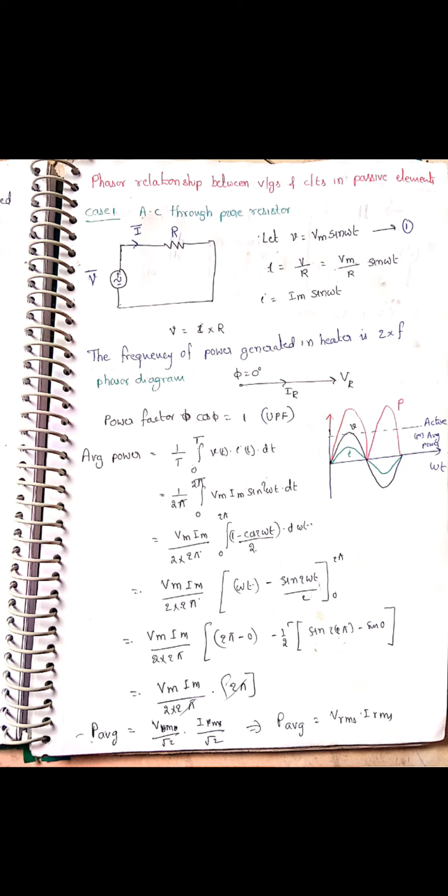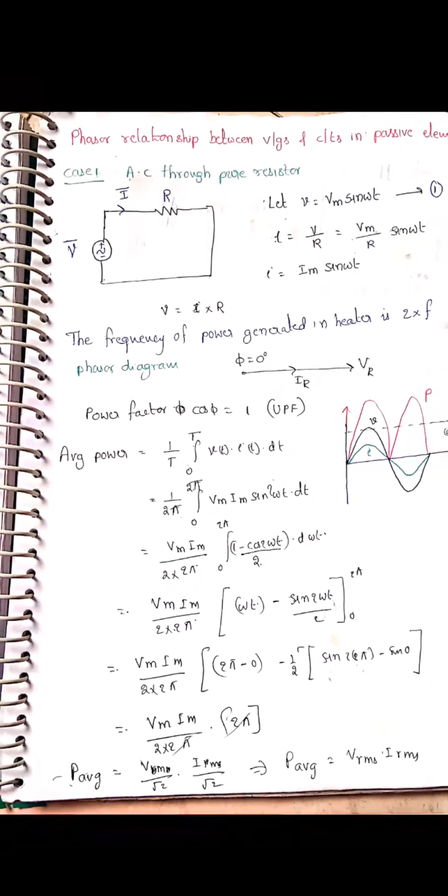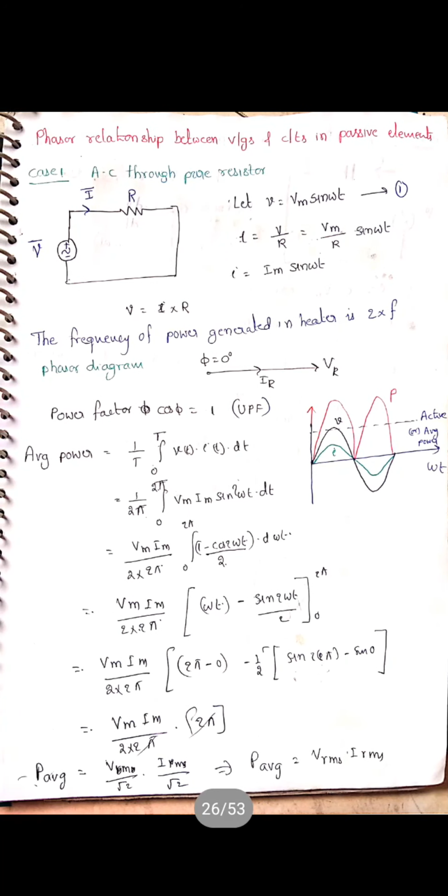It is impossible to get a negative value of resistance, so positive values, and more than 1. That's why the current magnitude is lesser than the voltage. So the phase difference between these two is 0, meaning both are in phase with each other. Then we can say power factor, which is the cosine of the phase angle between the phase values of voltage and current. So the phase angle is 0, so cos 0 is equal to 1.